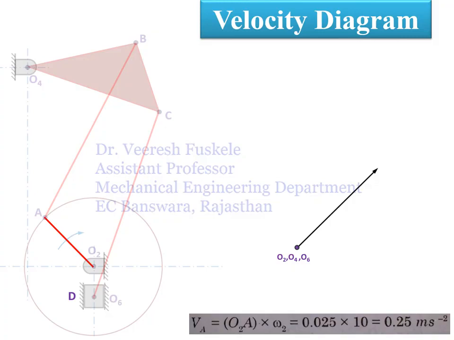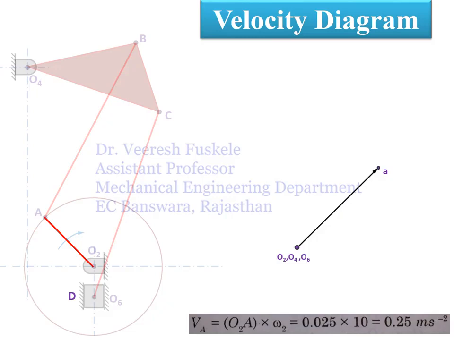The length of this velocity vector O2A will be equal to 0.25 meter per second, taken in a linear dimension through a scale. We will be converting this 0.25 meter per second into a linear dimension by taking a proper scale. This is how we get the point A. So vector O2A is representing the velocity of link O2A.